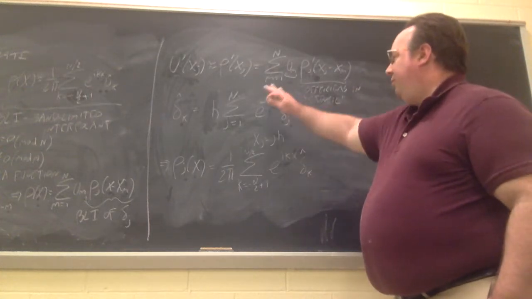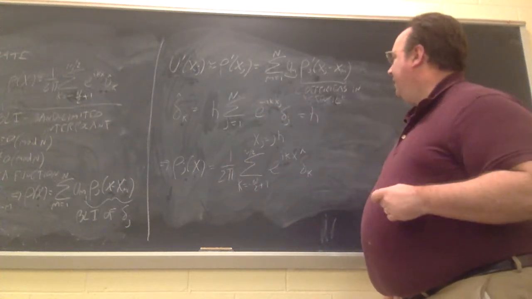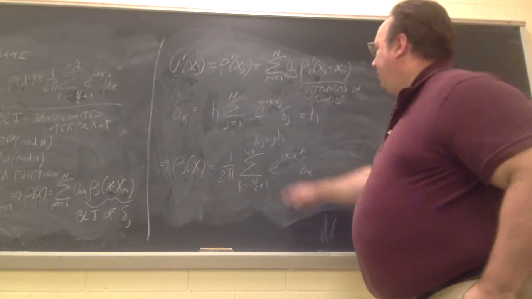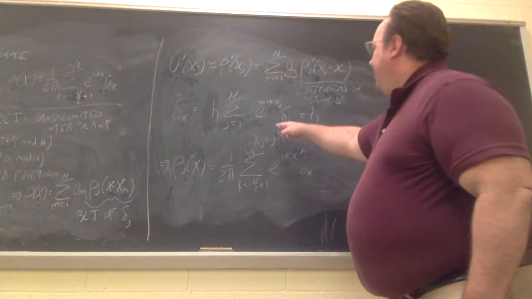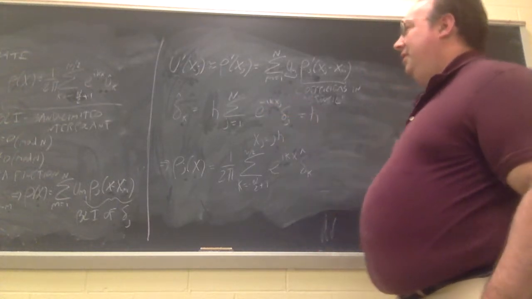Okay. So transform, inverse transform. All right, and that's why the sum over j, that's why all the terms in this went away, except when j equals 0.